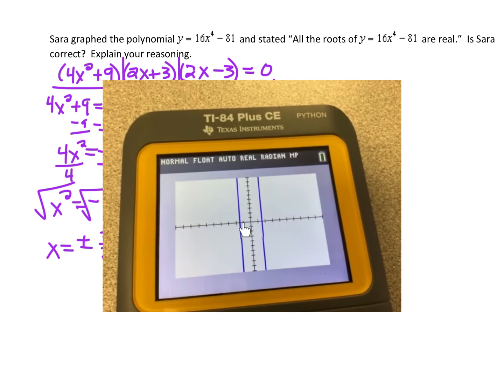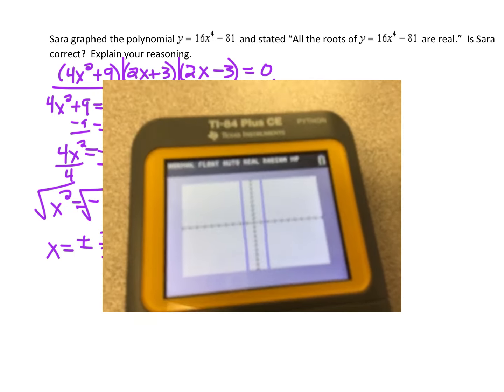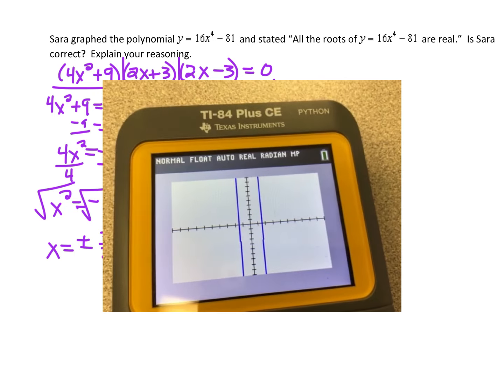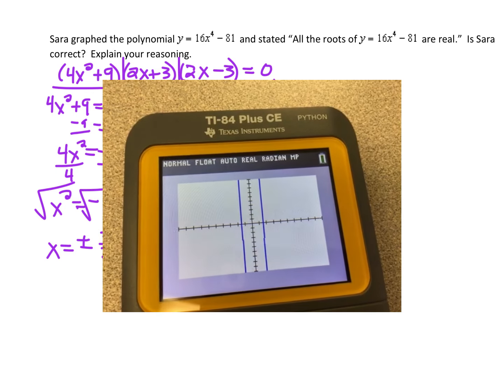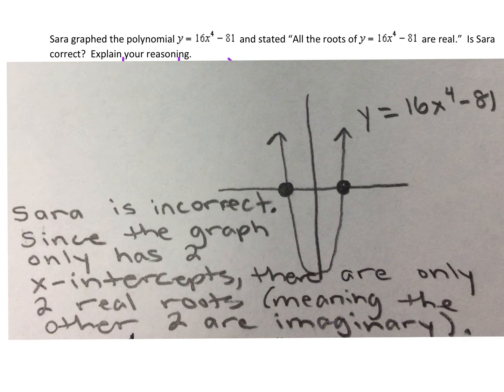But because we're only seeing 2 x-intercepts, that tells us that 2 of our roots are real and the other 2 roots are imaginary. So you'd have to explain that in words. You could have drawn a little sketch of the graph and said Sarah is incorrect. Since the graph has only 2 x-intercepts, there are only 2 real roots, meaning the other 2 are imaginary. Because if we have a 4th degree equation, we would have 4 roots altogether.